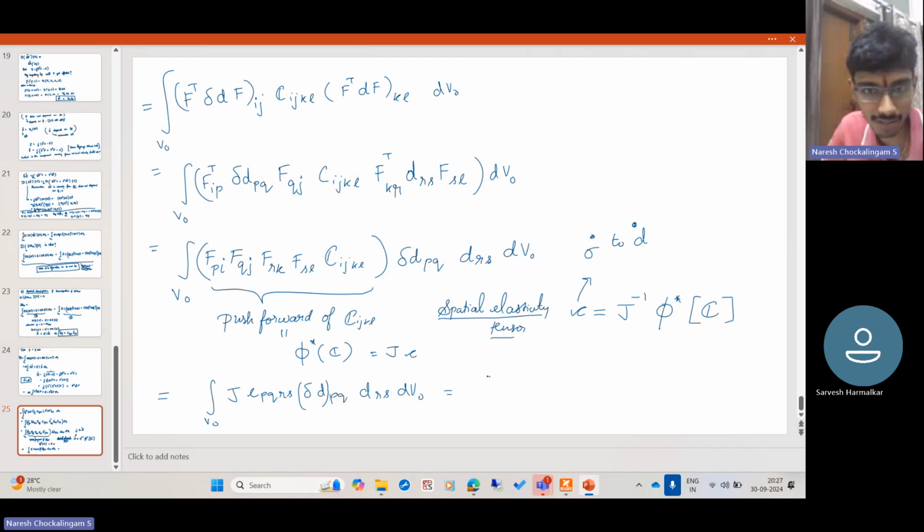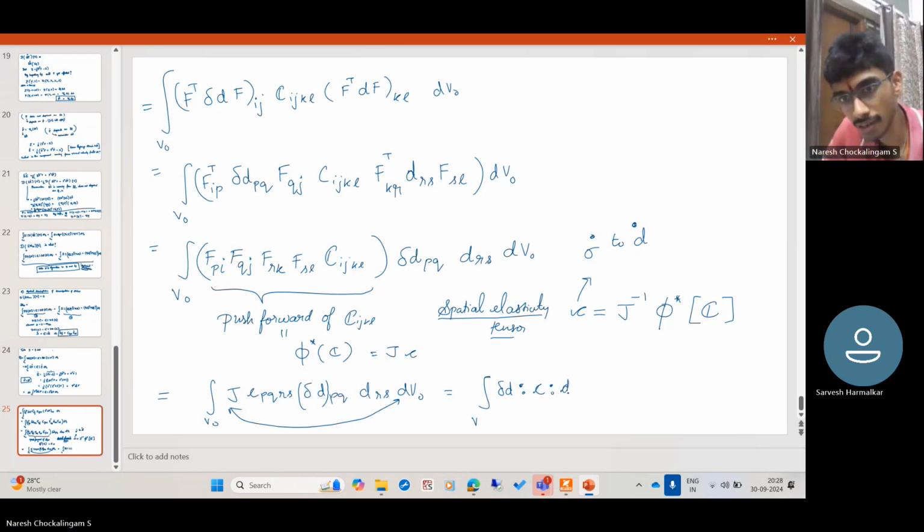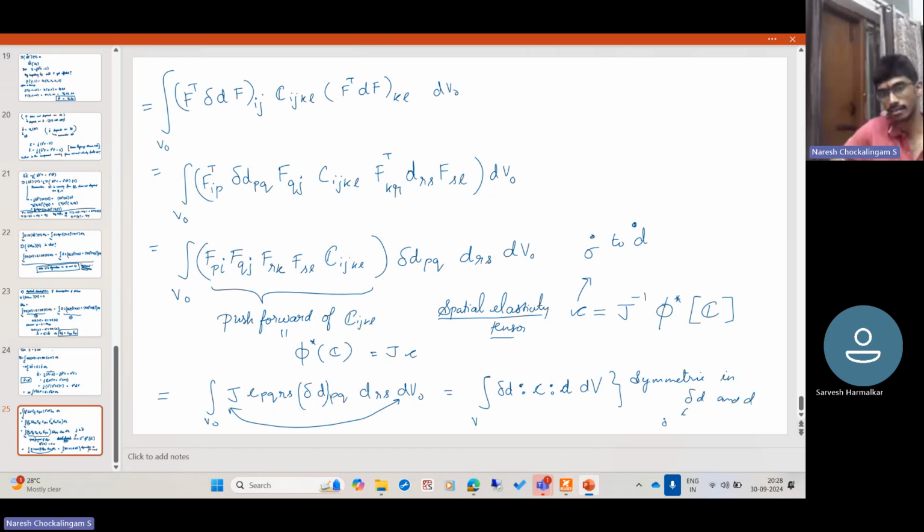So this is nothing but, again you have a J dV naught. dV naught is just so this is integral V del D C D dV. Again, this is also symmetric in del D and D, where del D comes from del V and D comes from Q.